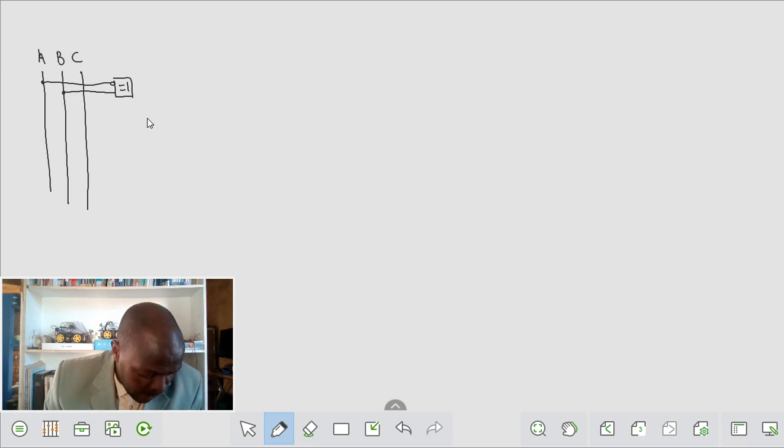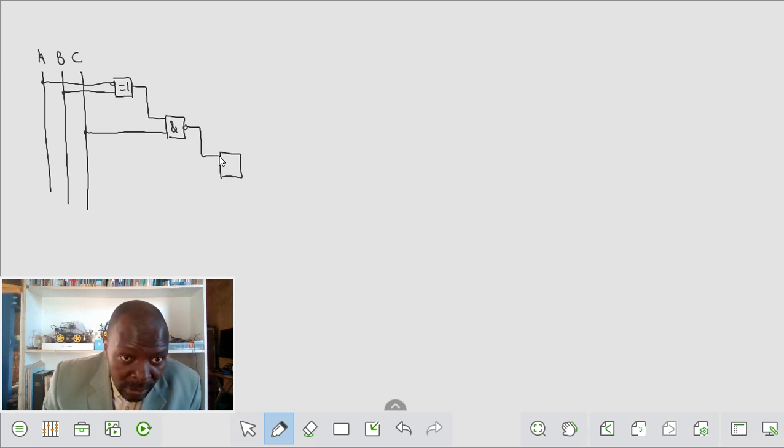Then we had a NAND gate, and the output from that exclusive OR came there and was NANDed with C. The output was in turn fed to an exclusive NOR gate.